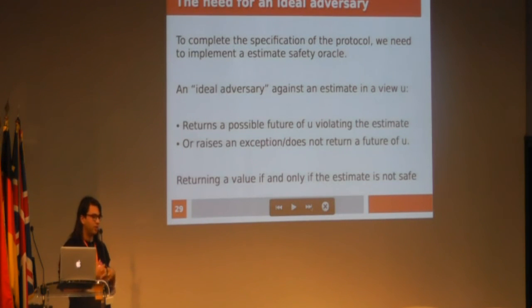So basically the ideal adversary will either return a possible future of the view with a different estimate than the one under attack, or it fails to return anything or throws an exception. So the idea here is that the ideal adversary will only return a value if it is not safe. And the ideal adversary will fail to return a value when the protocol is safe.